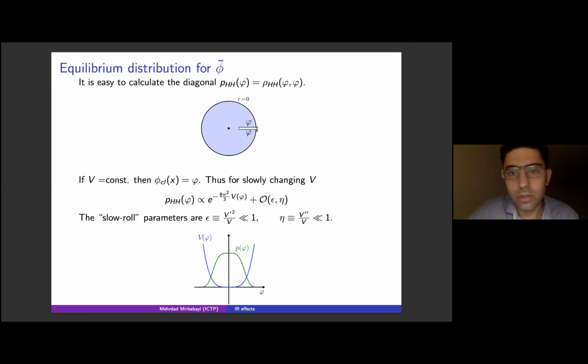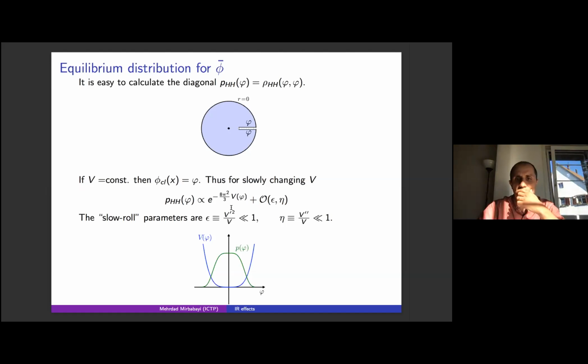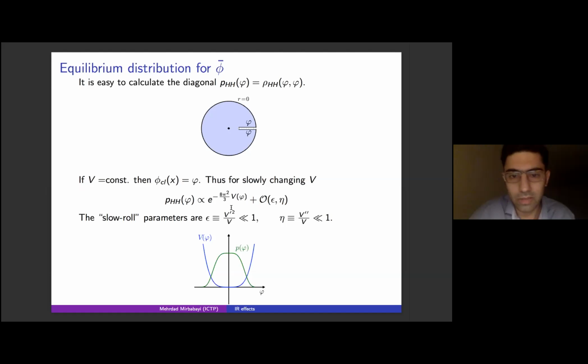The equilibrium distribution is given by the diagonal element of the reduced density matrix that just follows from a sphere path integral. And that sphere path integral gives the famous result e to the minus V without needing to go through any kind of detailed calculation of the evolution.